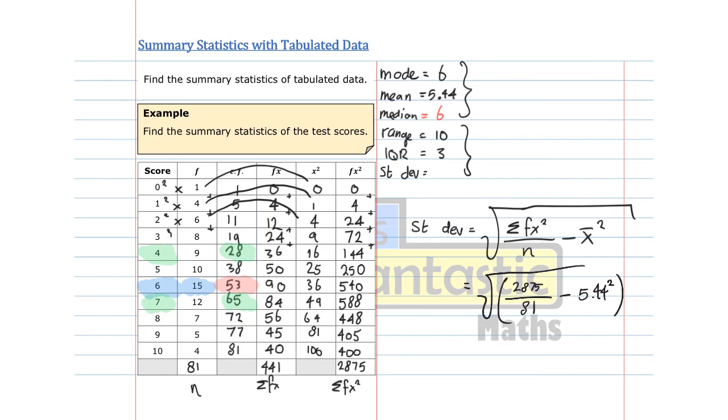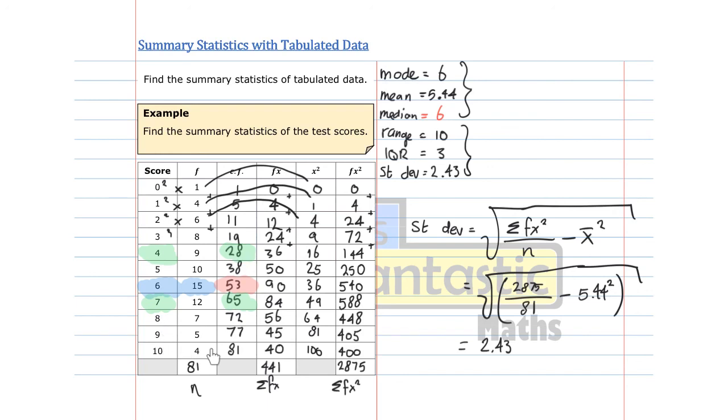And then we take the square root of all of that. And that just goes straight onto our calculator to give us 2.43. So the standard deviation is 2.43.